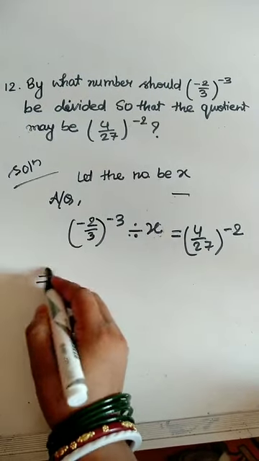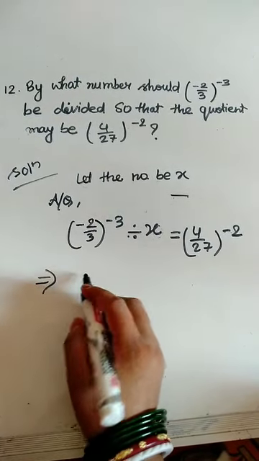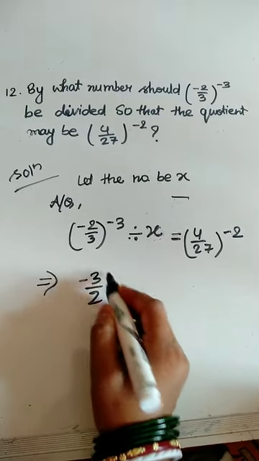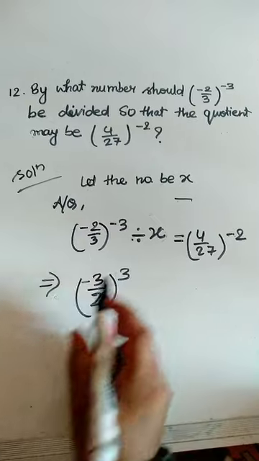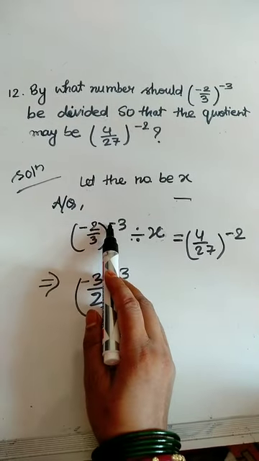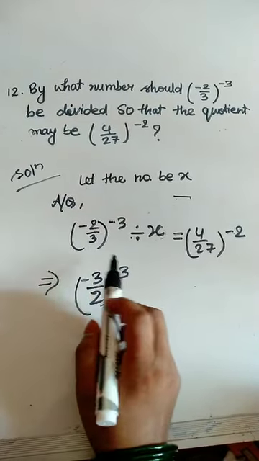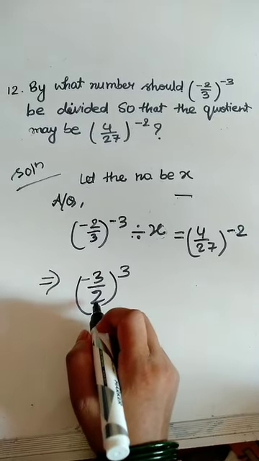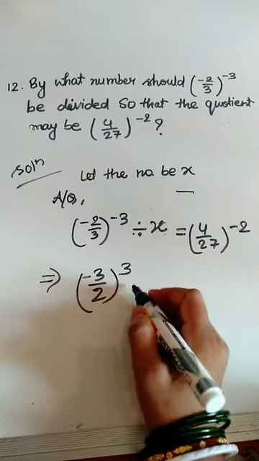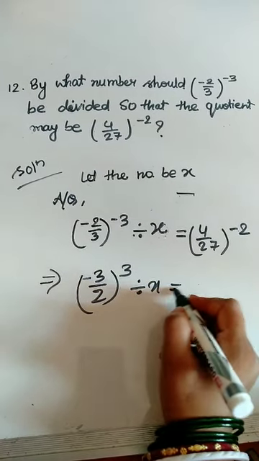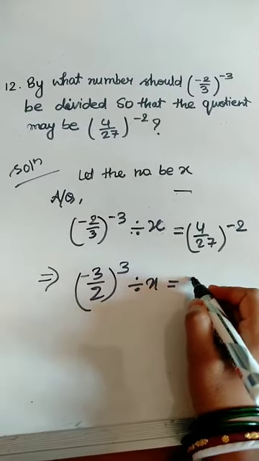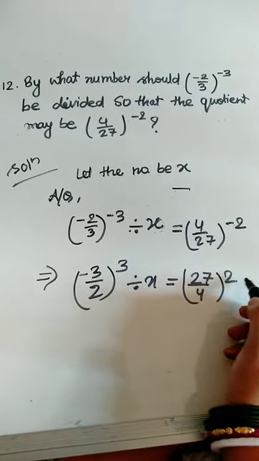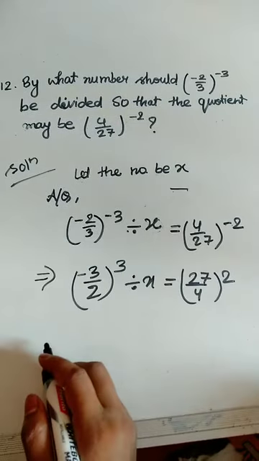So this (-2/3)^-3, we can write as (-3/2)^3. If we want to remove this minus from the power, then we have to write the reciprocal of this number, -3/2, actually 3 by minus 2. And we can write this as (-3/2)^3 divided by x is equal to (4/27)^-2. We can write (27/4)^2. Again the same process.